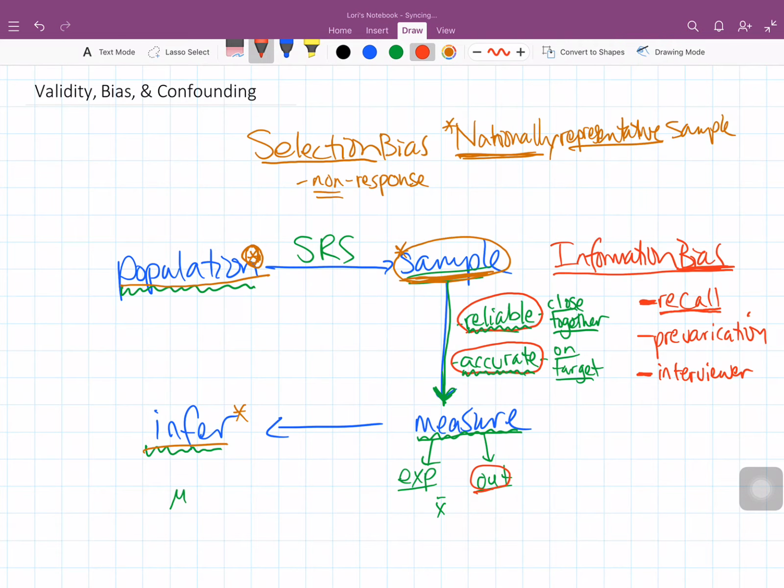They may probe more deeply about a specific thing to get the answer that really points to an exposure that they were kind of after. So if an interviewer asks questions differently, depending on what group that study participant is in, you may end up with interviewer bias.